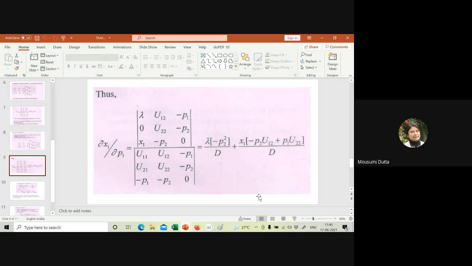What are you saying? Ma'am, is it substitution effect or total effect? This is the price effect. This is not exactly the substitution effect in the sense, because this is not the cross commodity. This is with respect to the price of that commodity only.